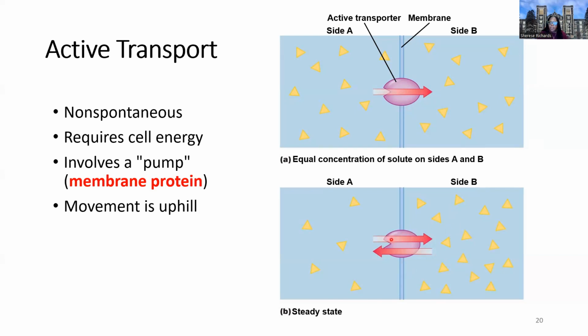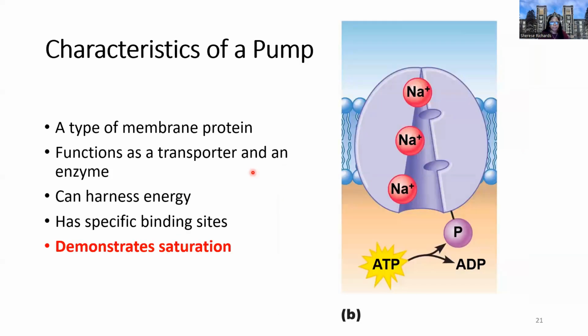So here, the pump can move particles from side A to side B, and this is because we're using the energy that's harnessed in this pump to move particles, even though they're not moving along a concentration gradient. Okay, so that's the whole purpose of a pump or an active transporter.